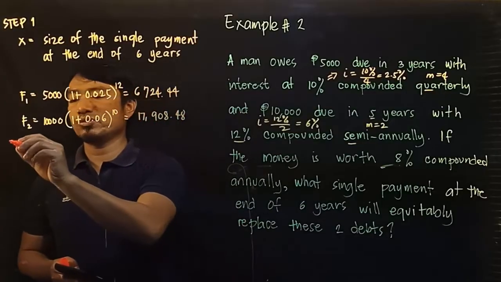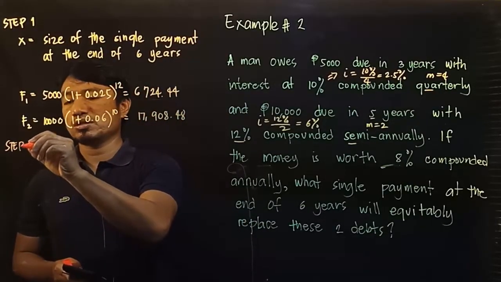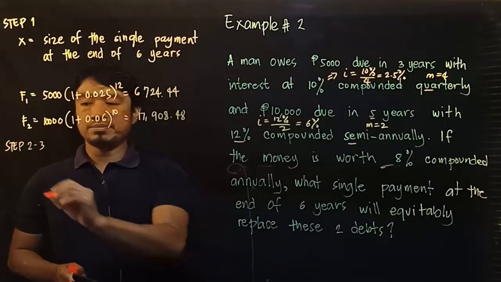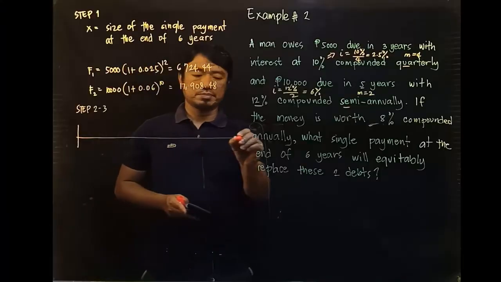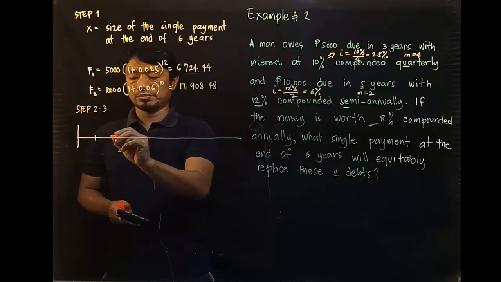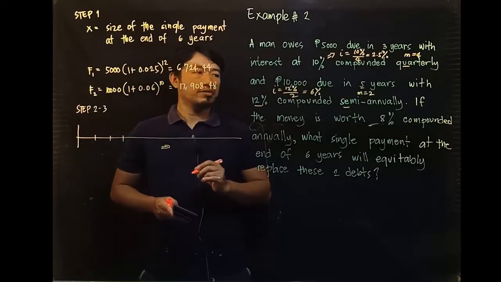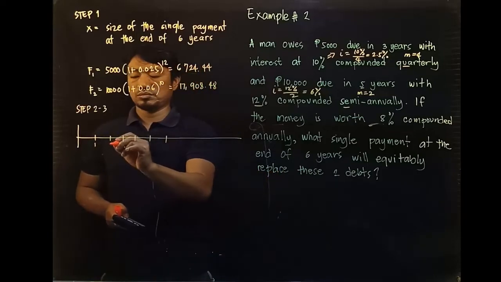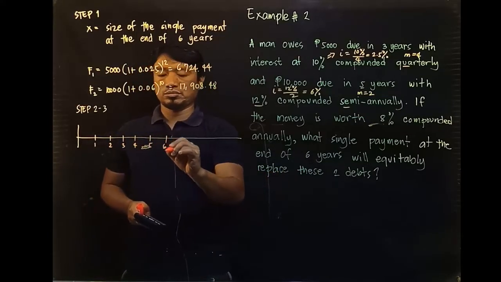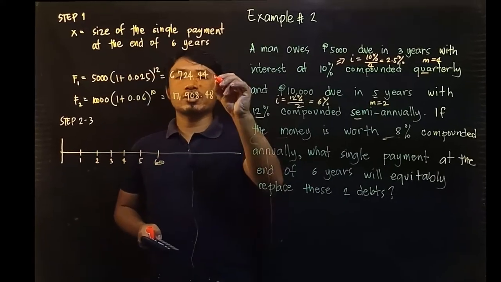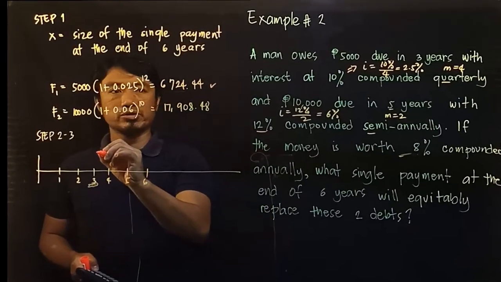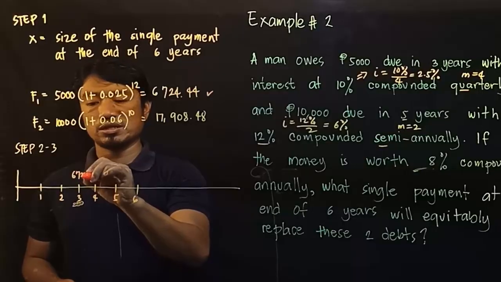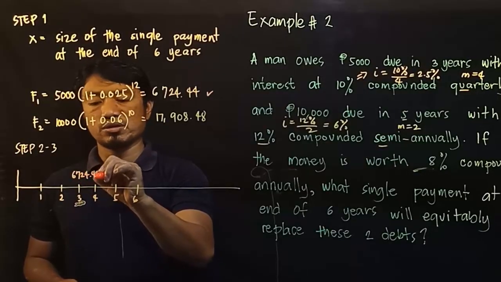Now we can proceed to steps 2 and 3. So the time diagram: this is due after 3 years, so we're going to place it on the third year, 6,724.44.